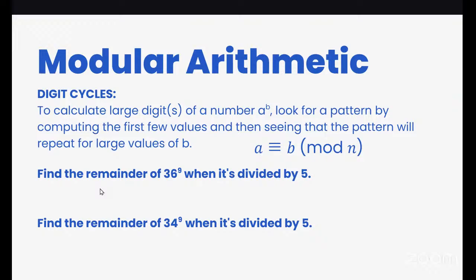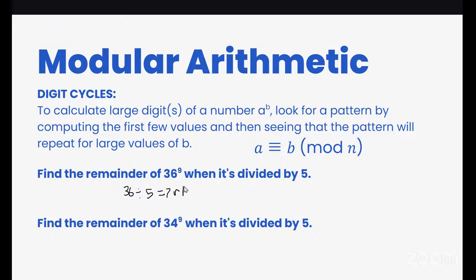Okay. I'll start explaining the first one, and then from there you can try seeing if you can do the second two. So the first step of this would be to divide the base, so 36 by 5. 36 divided by 5, we would get 7 with the remainder of 1.